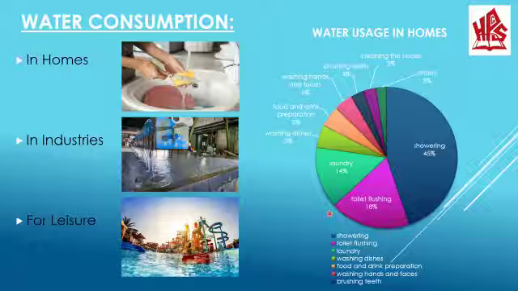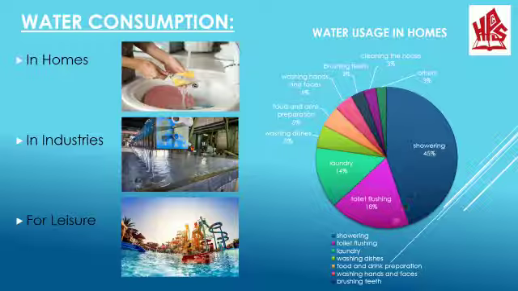Consumption of water. Water is used almost everywhere, in homes, in industries, for leisure activities. First of all, in homes, water is used mainly for washing, cleaning, flushing the toilet, cooking, and drinking. Here you see a pie chart showing water usage in homes.